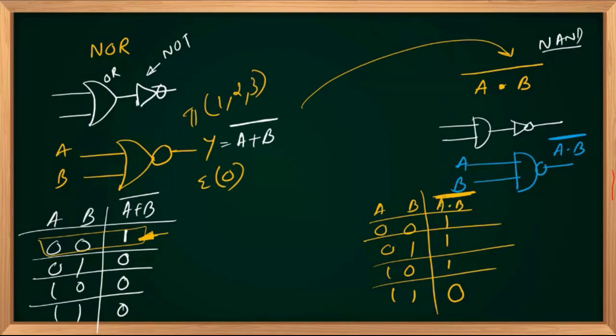Or the other way, NAND gate will produce a logic 1 at its output if at least one of its input is at logic 0. At least one of its input is at logic 0, then output will be equal to 1. Or the other way, NAND gate will produce a logic 0 if and only if all of its inputs are at logic 1. You can expect a simple question based on this also, right?